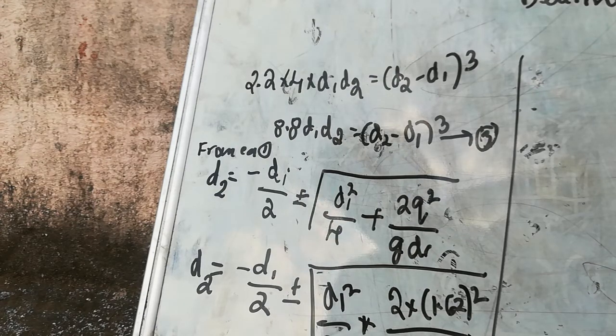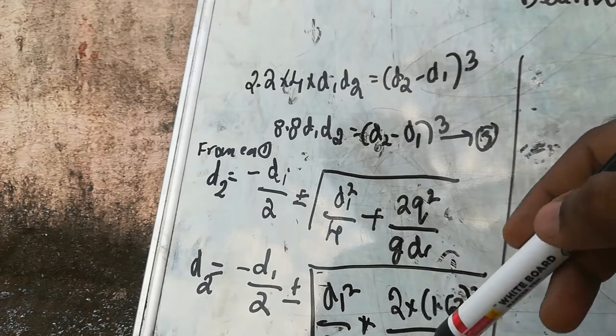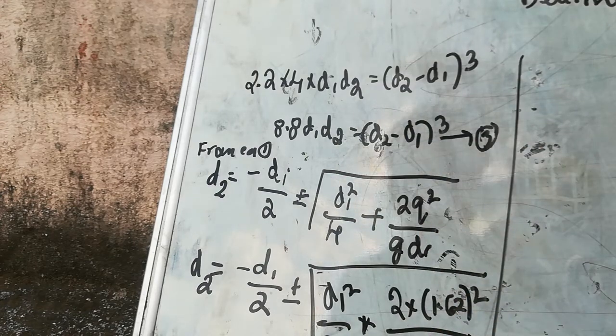In this equation we have d2 and d1 terms, so two equations and two variables, and using the hit and trial method we can calculate.